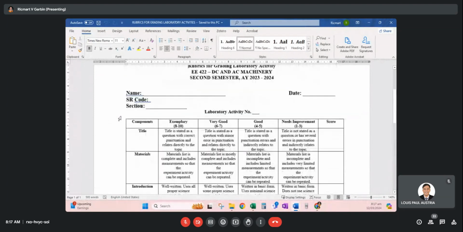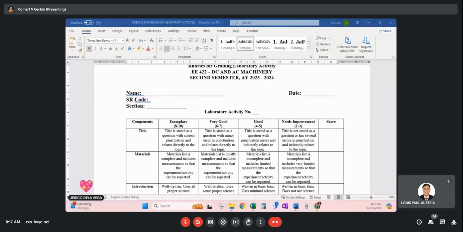So since medyo madami ito, since next week ay exam week, tapos the following week ay Holy Week, by April na natin siya isasabit. So, kumbaga even weeks. So, tamang-tamang April 1 onwards.